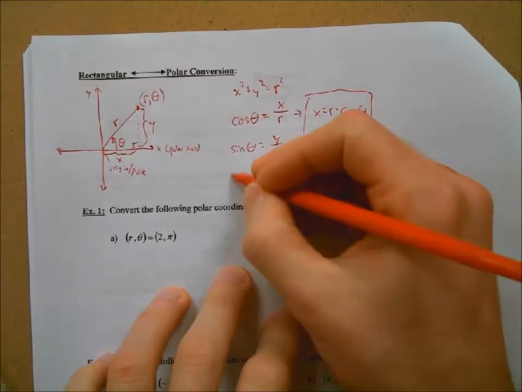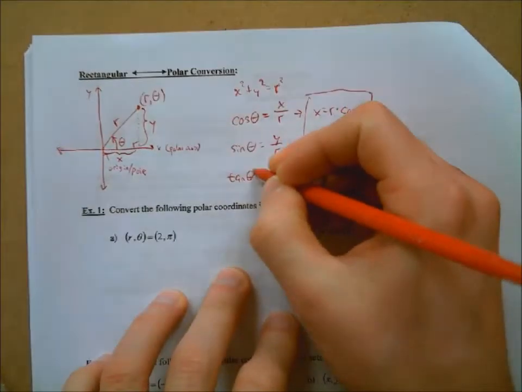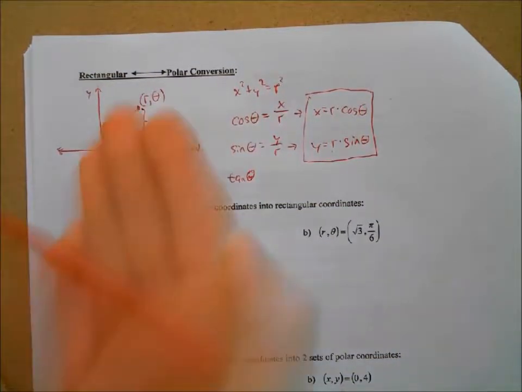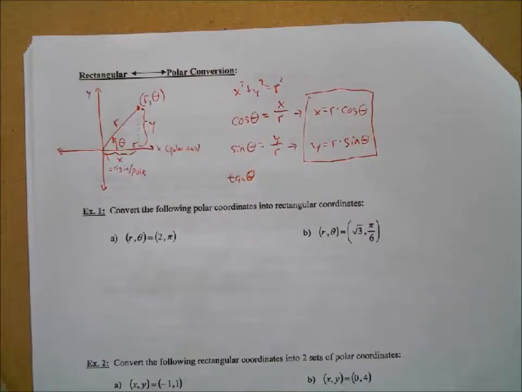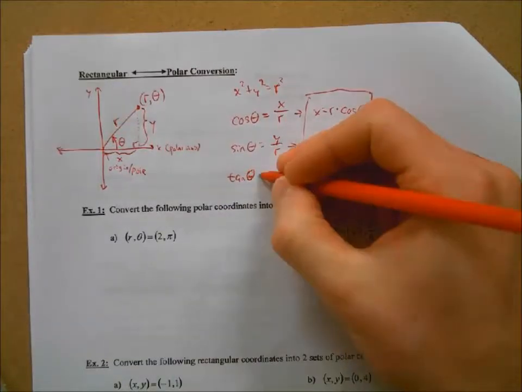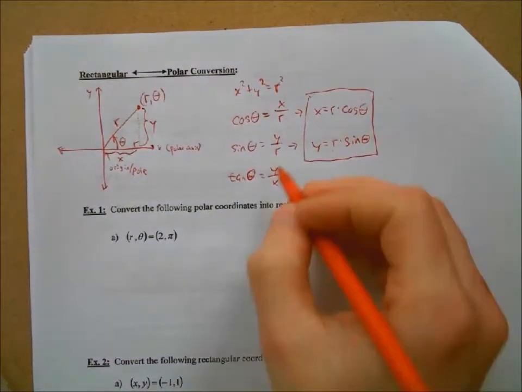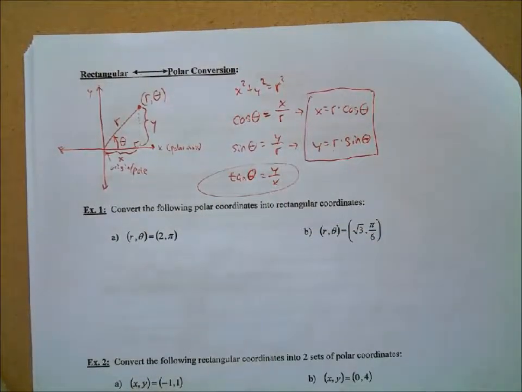We're also going to utilize tangent sometimes. What is tangent of theta going to equal according to this? Y over x. So that'll also be helpful here too. Also want to have that.